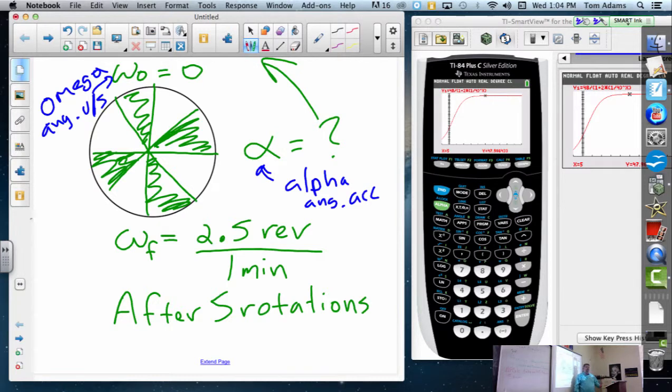Usually we say speed, because velocity is a vector, and if something's rotating, the direction is constantly changing. All right. So we want to find out what alpha is.